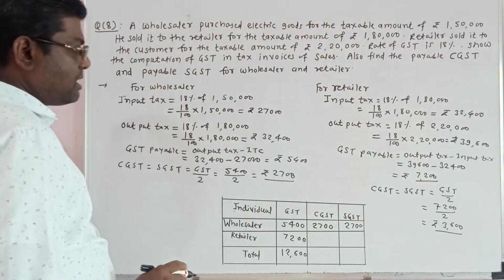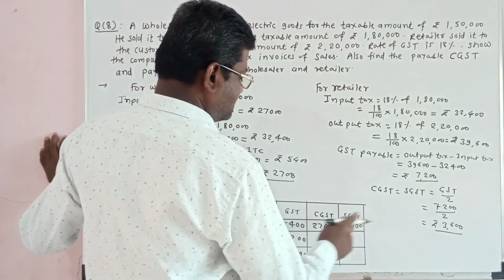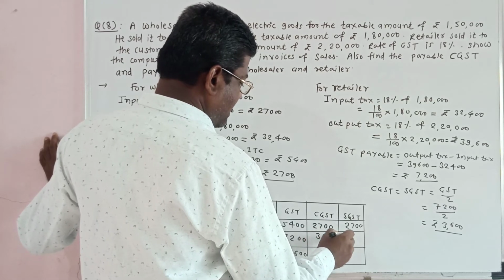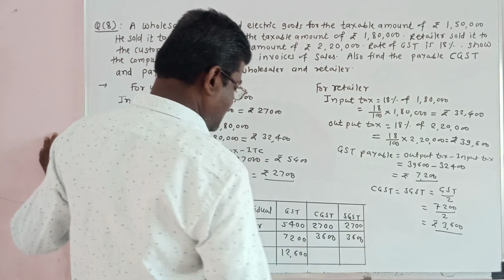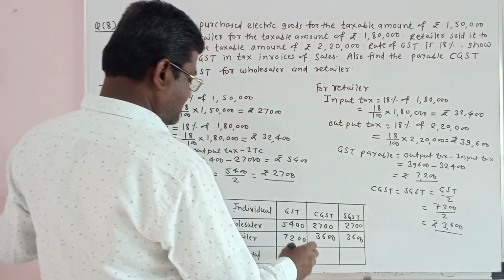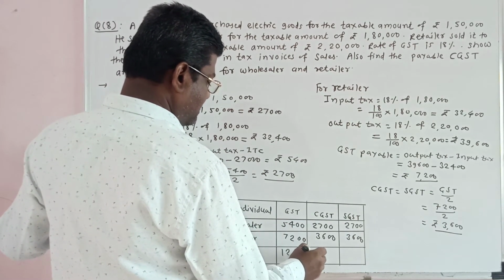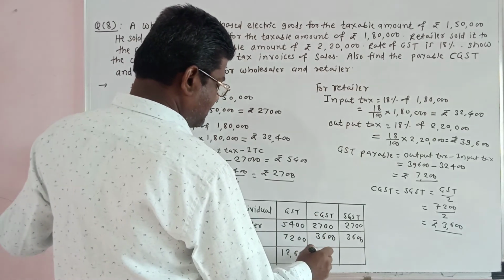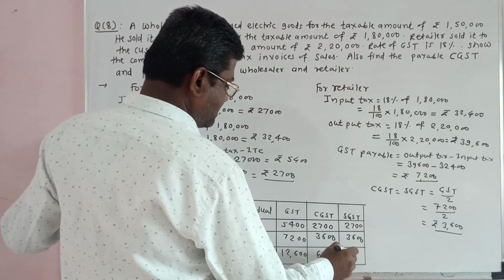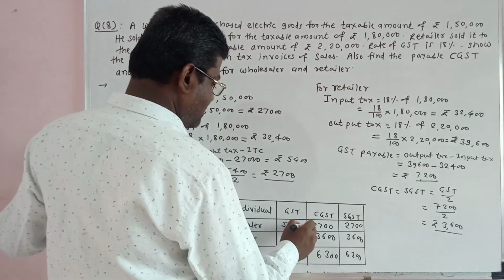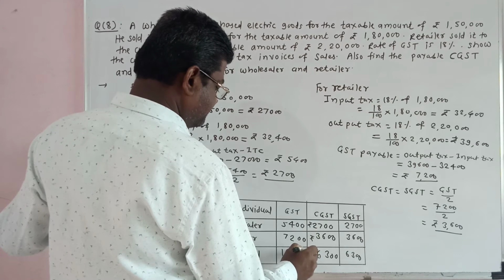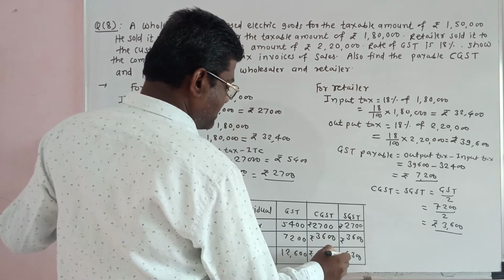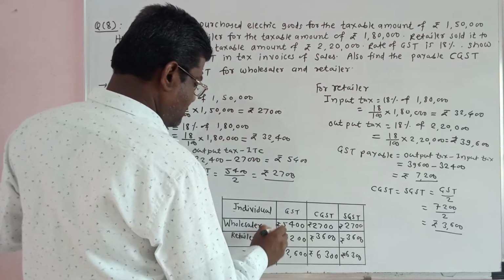For the retailer, CGST is 3,600 and here also 3,600. Therefore, the addition of 2,700 and 3,600 will be 6,300. This is all in rupees. All figures are in rupees.